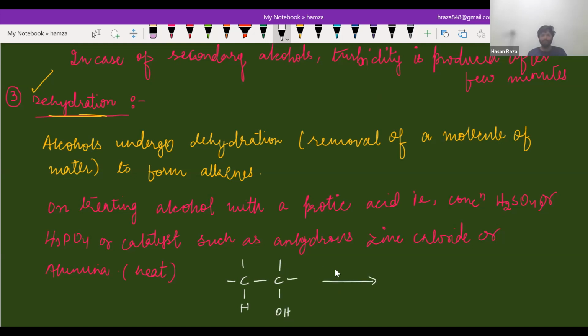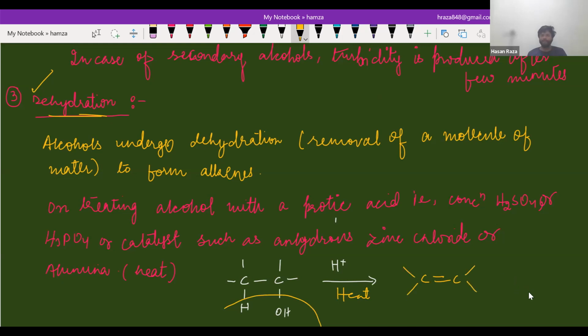And if you mix this with H plus, that means protic acid, and heat it, what will happen? This will be eliminated. H and OH will leave as H2O, and you will get an alkene.